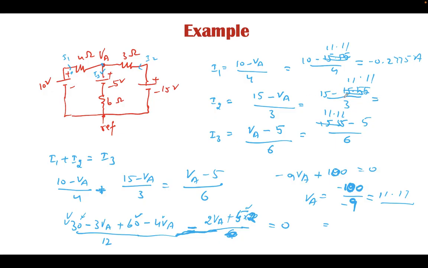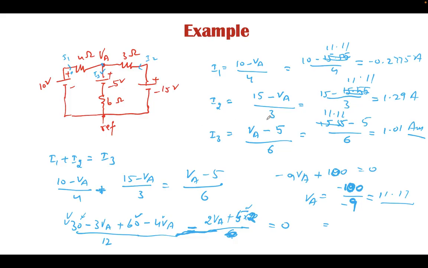Now in this case, I2 is (15 minus 11.11) divided by 3, which is equal to 1.29 ampere, and in the third case it will be (11.11 minus 5) divided by 6, which is equal to 1.01 ampere.